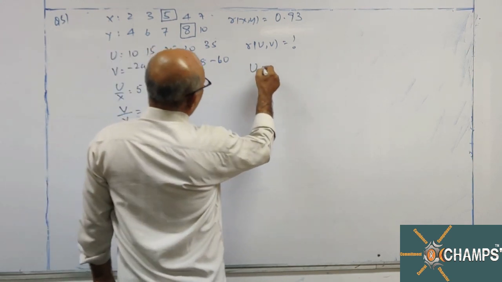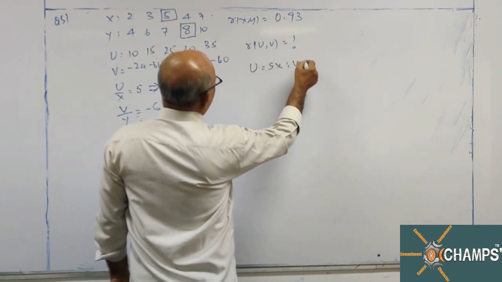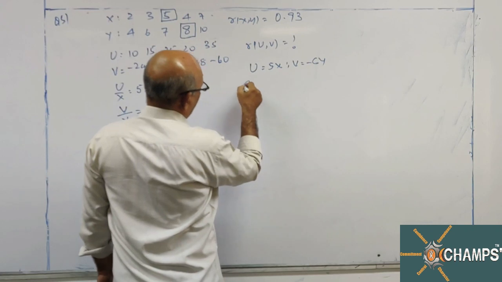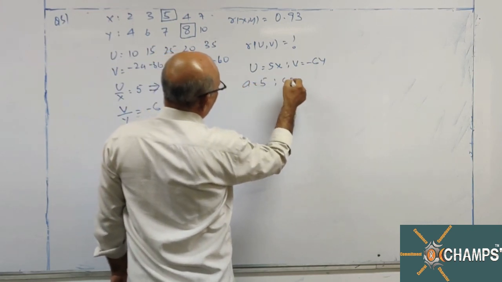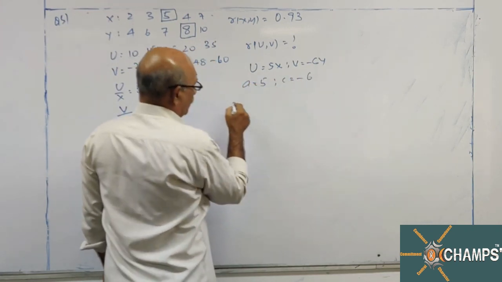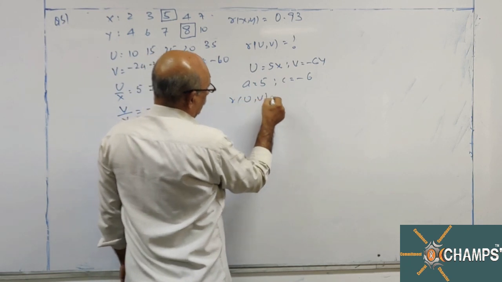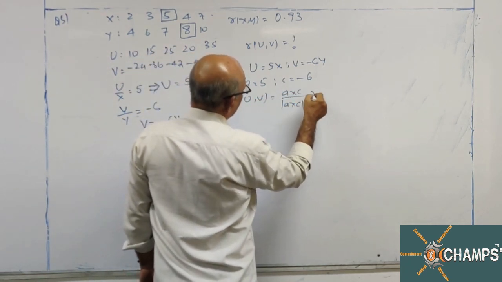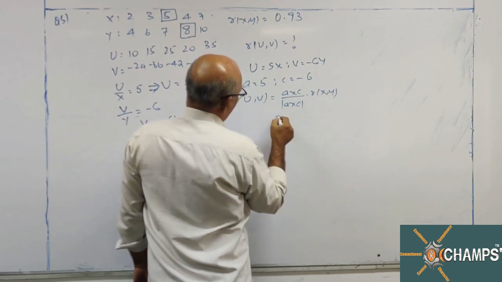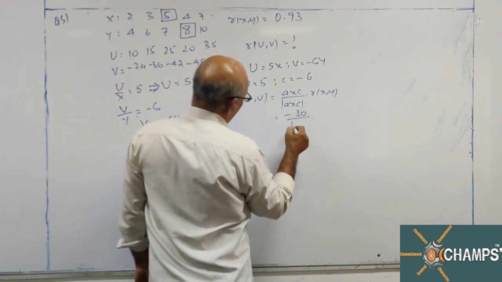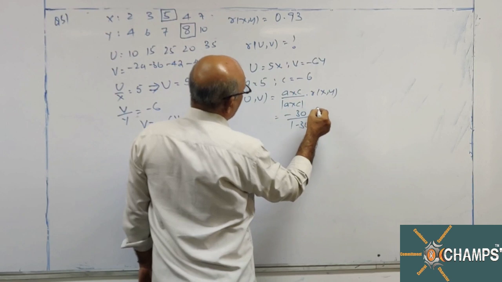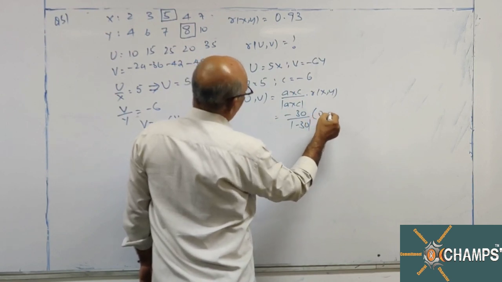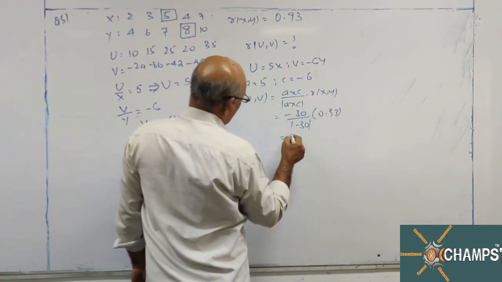Now you can write u is equal to 5x, v is equal to minus 6y. A is equal to 5, C is equal to minus 6. So minus 30 by modulus of minus 30 into 0.93.